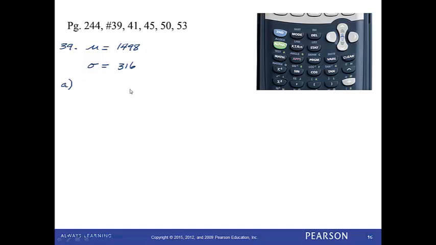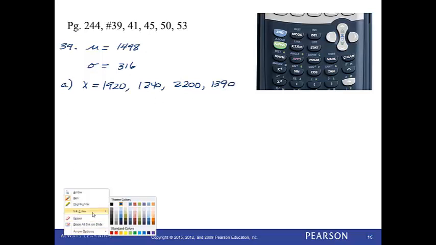That means I have 4 random variables, so x is going to be 1920, 1240, 2200, and 1390.